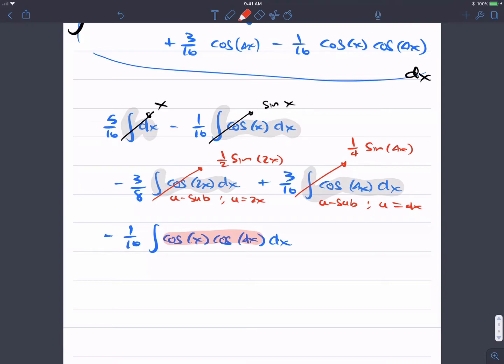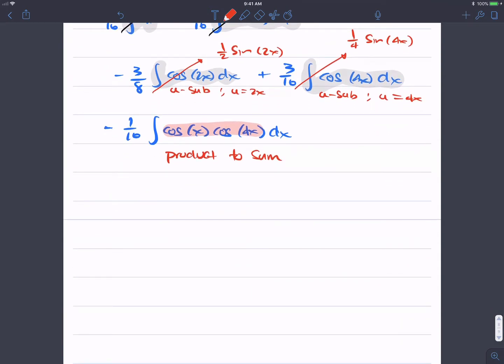Now, what's going to happen here again is you're going to have to use, and I'll write this down, another identity. We have what's called product to sum identities. This is what we discussed in class.